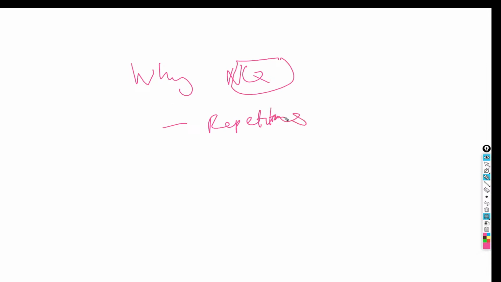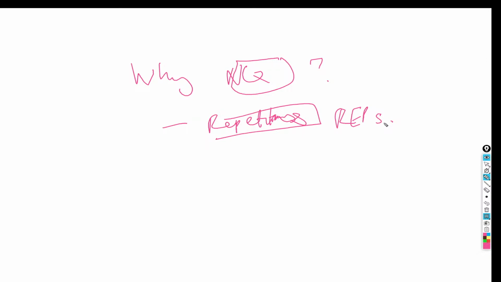And why are we doing NASDAQ? It's the repetitions. Sorry for my handwriting. Repetitions, reps. If we want to get good at anything, where we usually use the word reps with lifts or repetitions of doing a sprint exercise in that kind of training, it applies equally to trading.